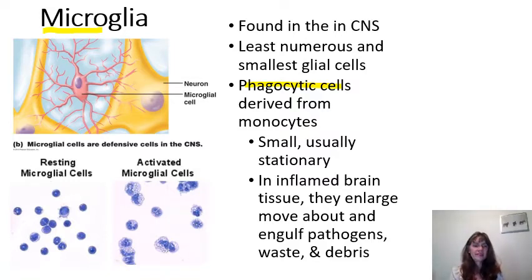You can see the difference in the size of these microglial cells comparing when they're at rest to when they are activated. They are small, usually stationary, however, they can sometimes migrate to eat up, again, any kind of pathogens, waste products, or debris. They are the least numerous of all the neuroglial cells found in the central nervous system.